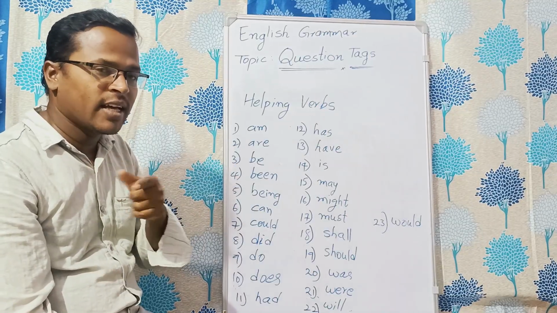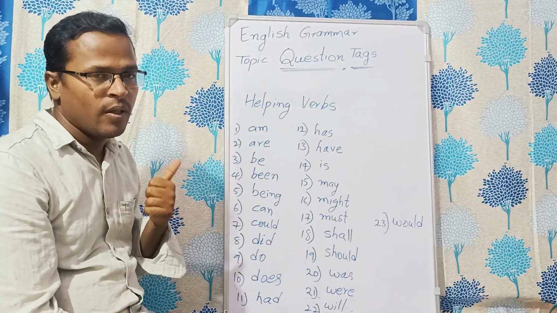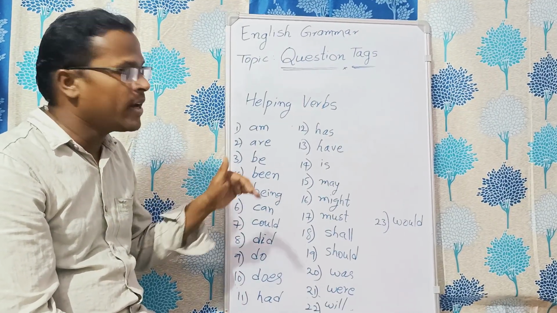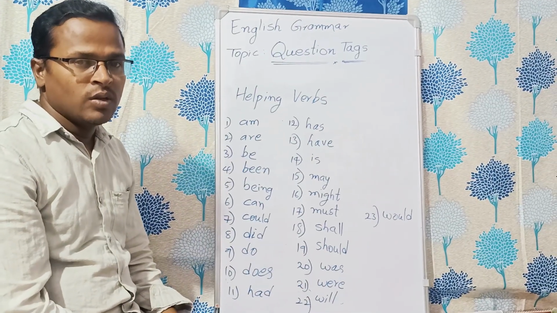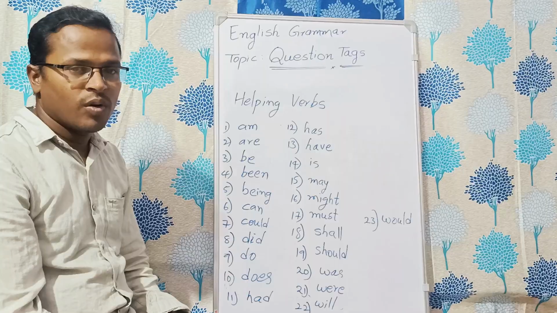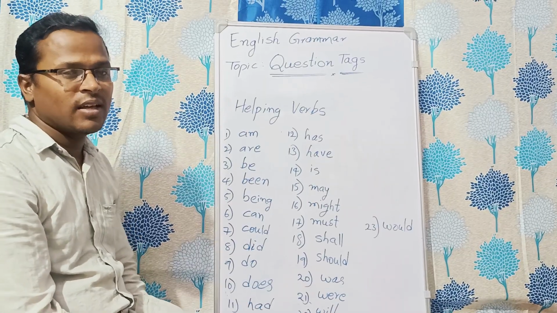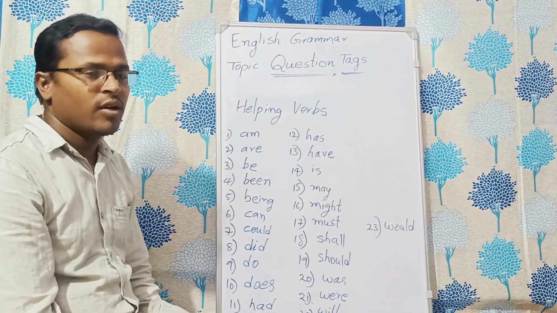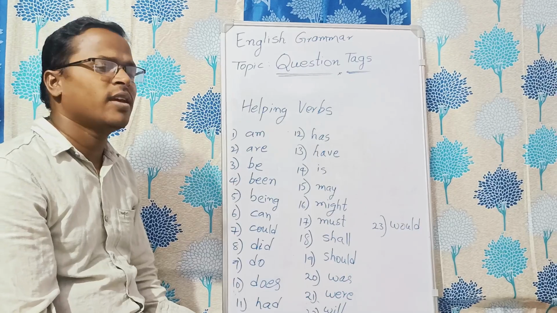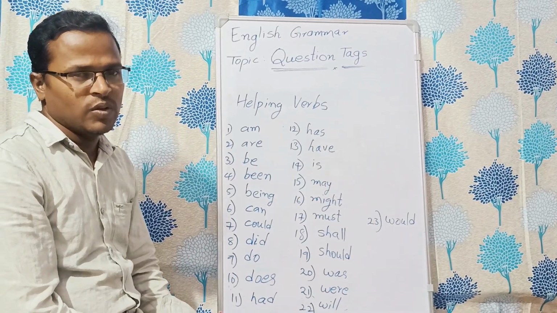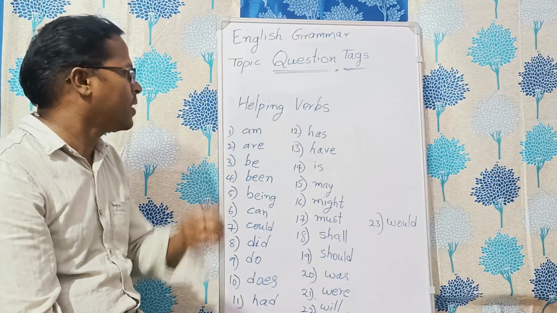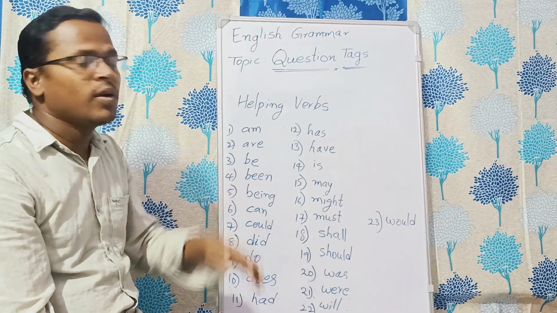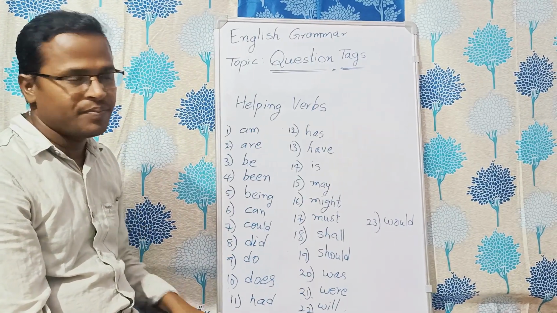Take a screenshot so that you can write them on paper and learn them by heart, because these are very important while writing question tags, and not only question tags but also in any other grammar topics. Understanding helping verbs is very important for all grammar topics.